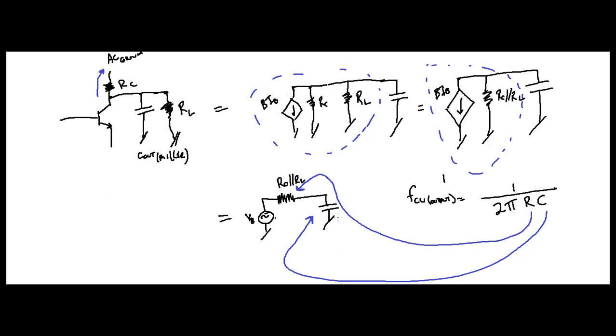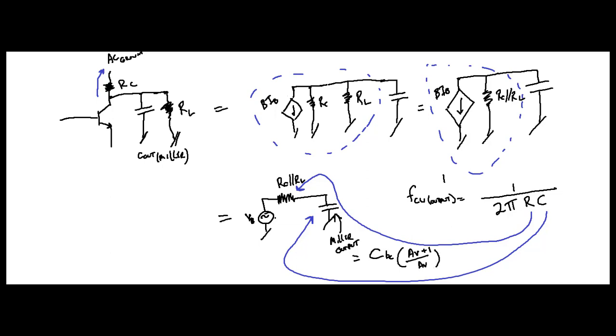And remember, that is your Miller output capacitance. And that is equal to your base collector capacitance, right, times your gain AV plus 1 divided by AV, right?